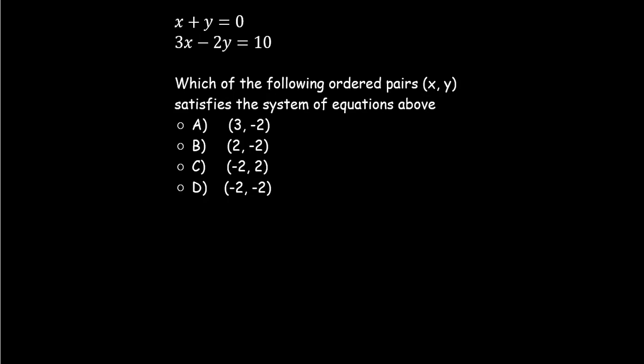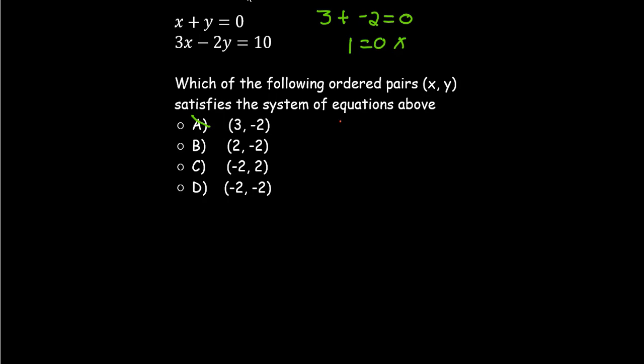Let's say I was looking at letter A. We try 3 + (-2) = 0. We see that doesn't work, because that just gives us 1 = 0, so we can cross out letter A. Now let's talk about letter B, and I'll put it under this portion here.